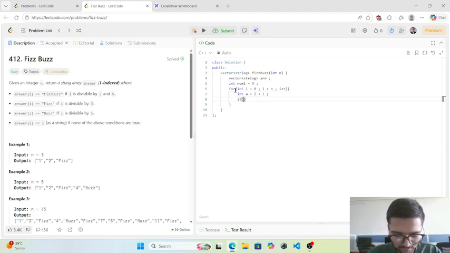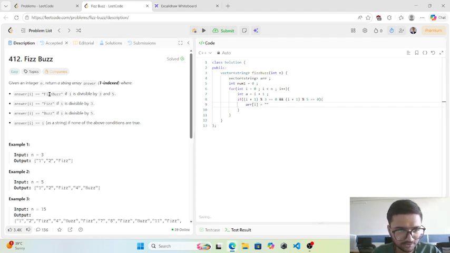If i plus 1 modulus 3 equals 0 and i plus 1 modulus 5 equals 0, then array of i equals FizzBuzz. It means our index starts from 0 because it is a vector, but we check the value index plus 1.